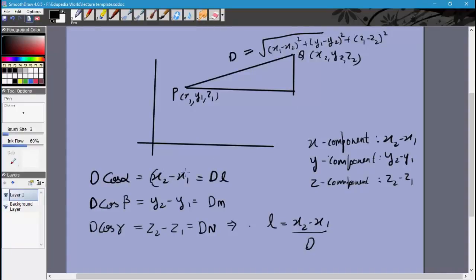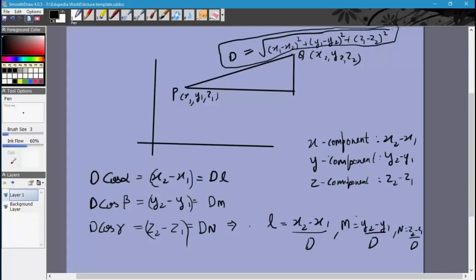So x2 minus x1, y2 minus y1, z2 minus z1 are the direction ratios, and x2 minus x1 by d, y2 minus y1 by d, and z2 minus z1 by d are the direction cosines. So m is equal to y2 minus y1 by d, n is equal to z2 minus z1 by d, and d is obviously given here.